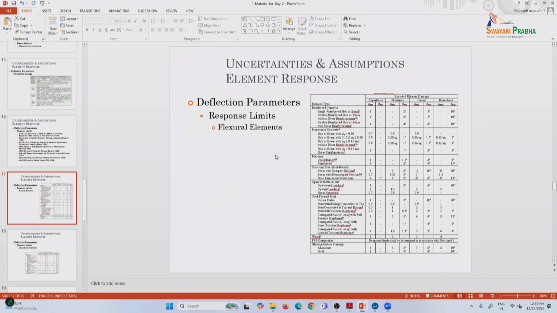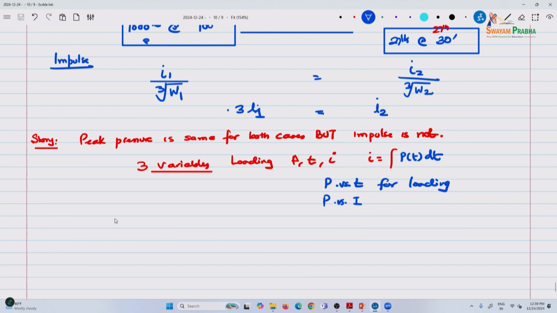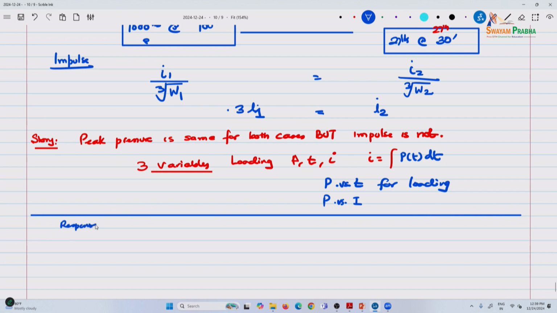Yeah, okay, this is good. Let's say, we've talked about this, but let's look at some numbers, response limits.